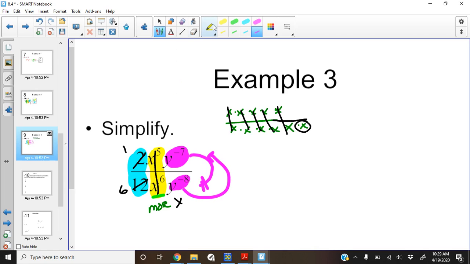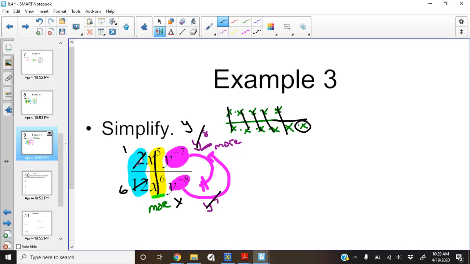And when you do that, now you have y to the 8th in the numerator and y to the 7th in the denominator. And now it's a little easier to see. Well, we know we have to subtract them. When we do, we have 1 left over. But this time, where do we have the leftover y? In the numerator. The numerator has more. So that means we have 1y left over in the numerator.